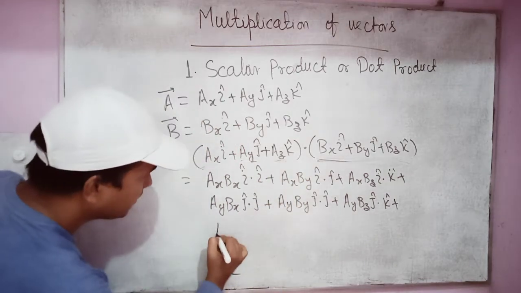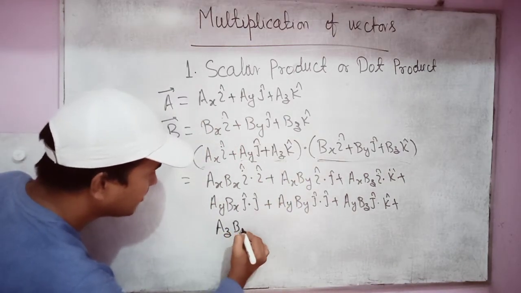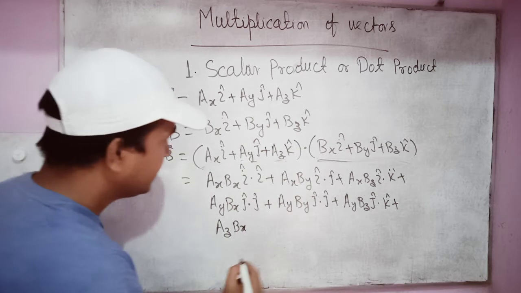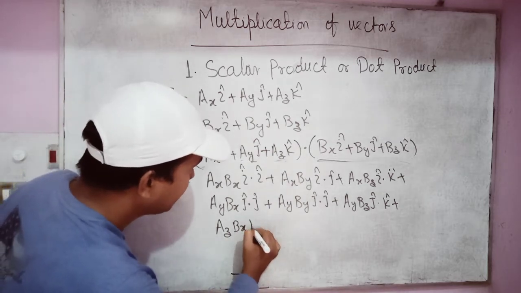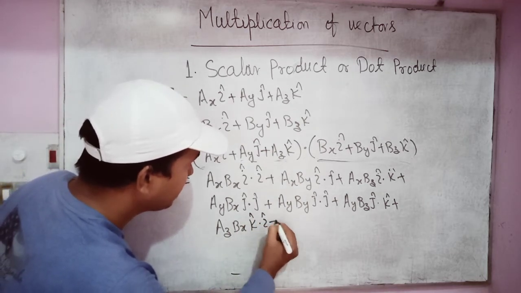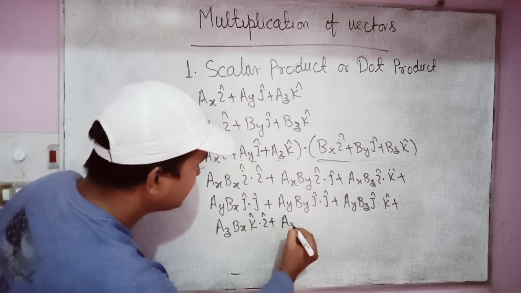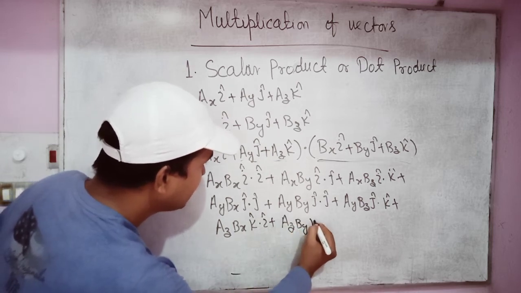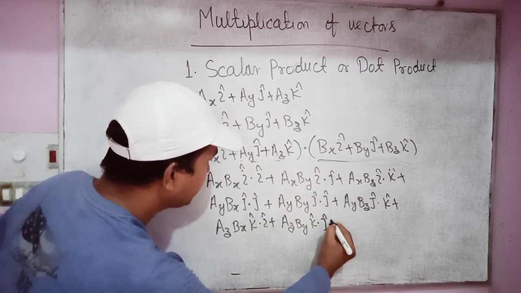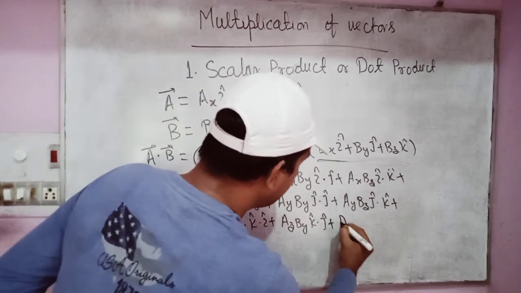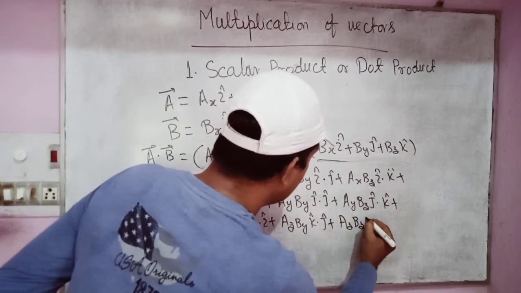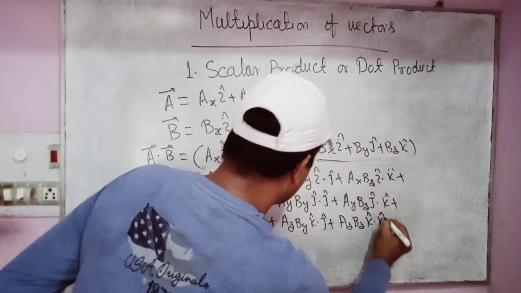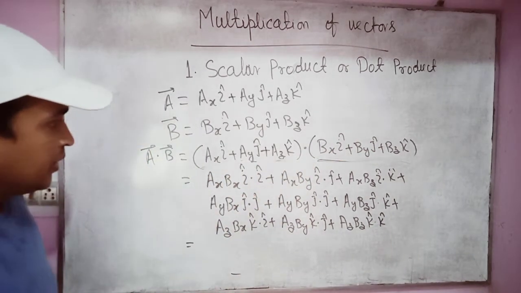This is equal to az bx k cap dot i cap, plus az by k cap dot j cap, plus az bz k cap dot k cap.